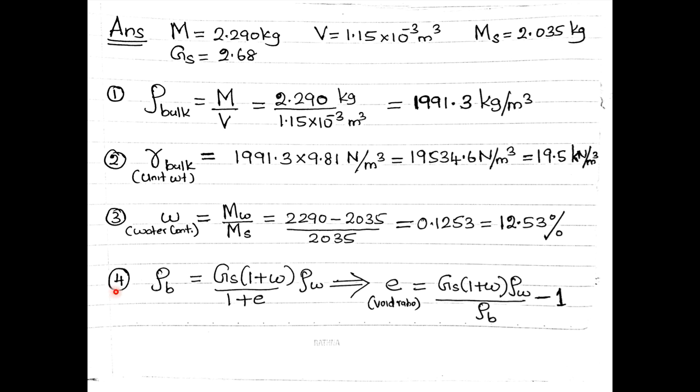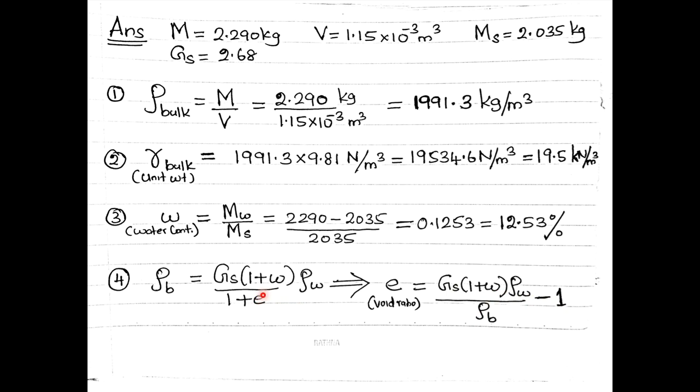Number 4, what is the void ratio? Void ratio is equal to volume of voids over volume of solid. That is the definition, but this equation is helpful for finding the void ratio. Make e the subject: e is equal to GS into 1 plus w, rho w over rho b, minus 1.